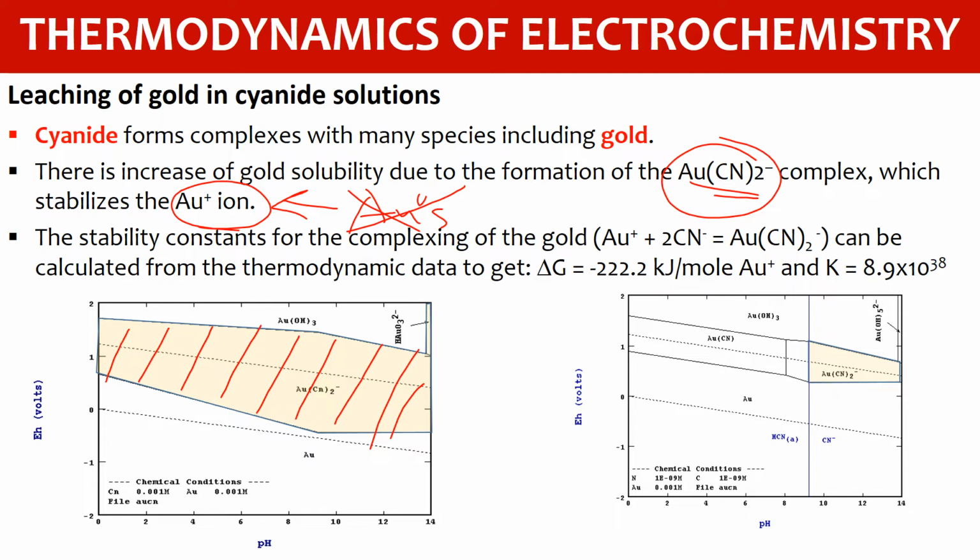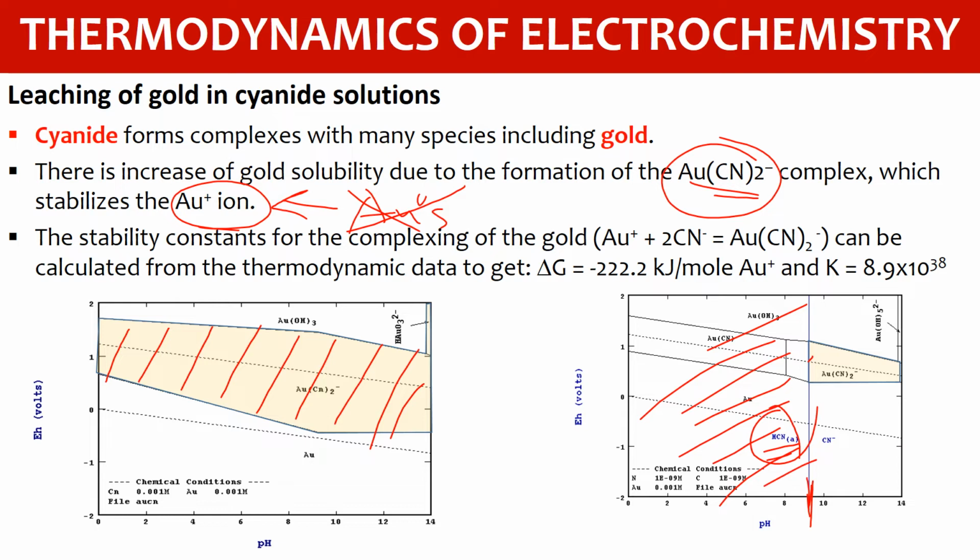However, when you now include other species at play, such as hydrogen, you begin to see that below a certain pH you are forming HCN here in this range, which is highly unwanted.